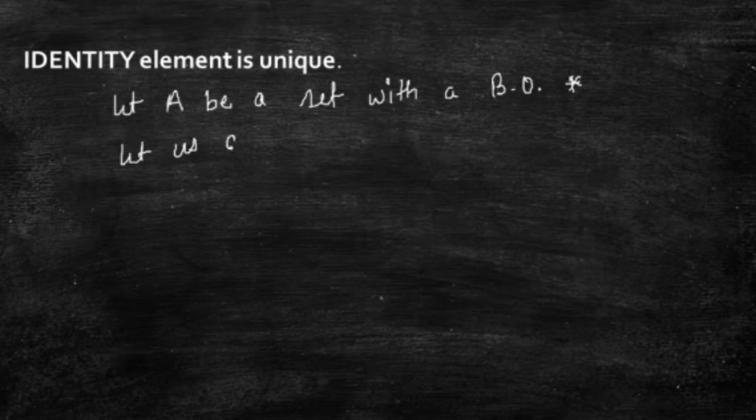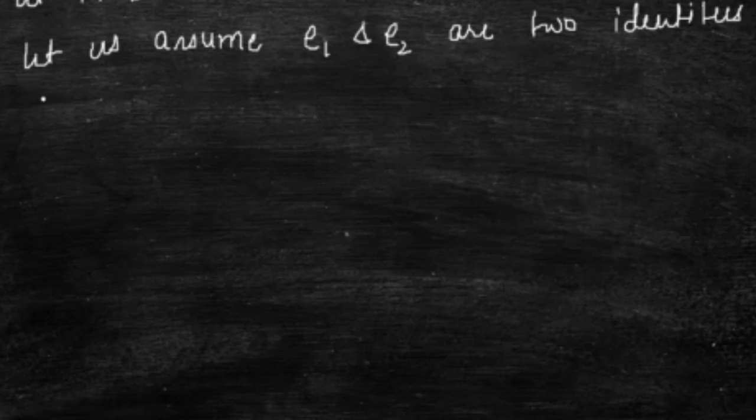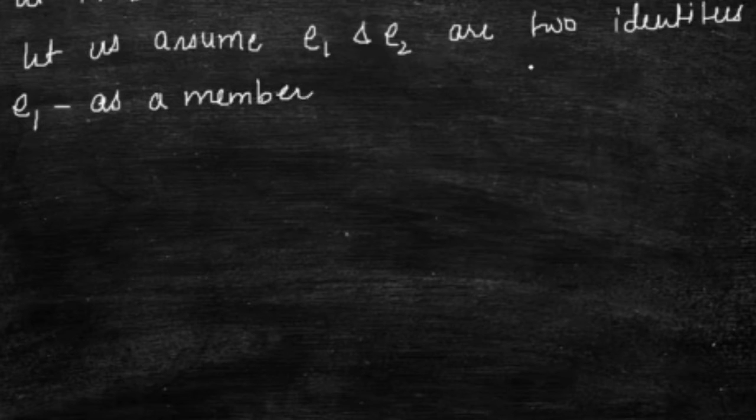So let us assume E1 and E2 are two identities. What will happen if I have two identities? I can always consider E1 as a member and E2 as the identity.